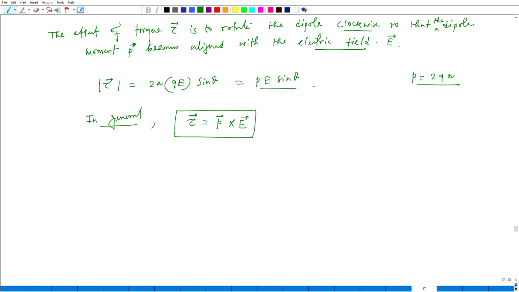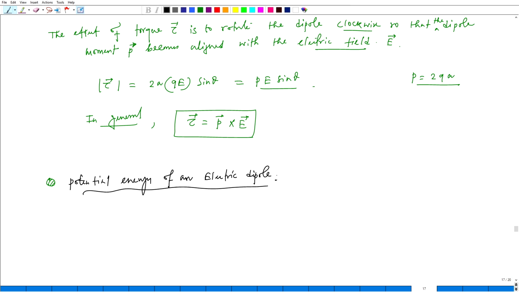Now we calculate the potential energy of an electric dipole placed in an external uniform field E. So, the work done by the electric field to rotate the dipole by an angle theta.